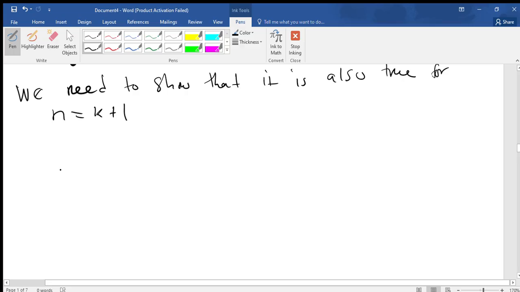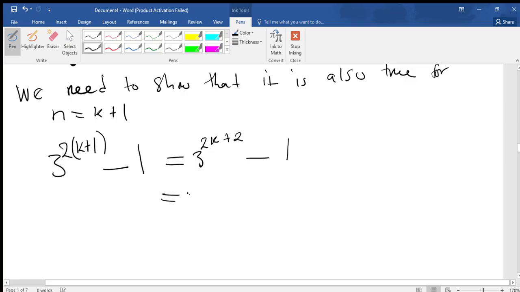So showing that for n equals to k plus 1, it means we're going to have 3 power 2 open bracket k plus 1 minus 1. Let's now simplify this expression. So this expression can be written as 3 power 2k plus 2 minus 1 when we break the brackets. When the summation of powers is happening, this is the same as saying 3 power 2k multiplied by 3 power 2 minus 1.